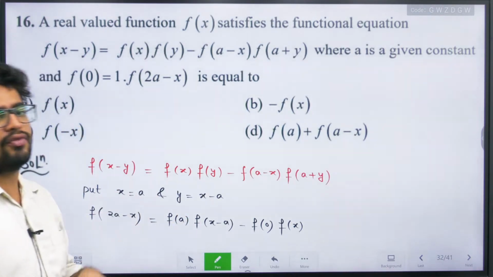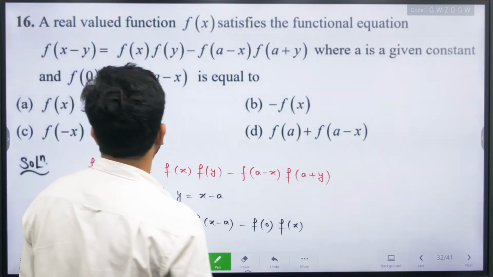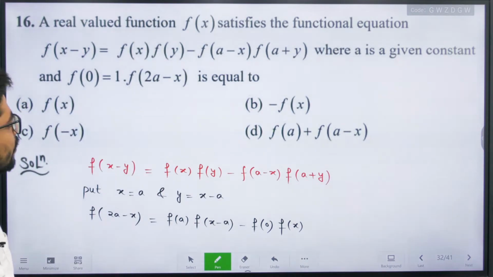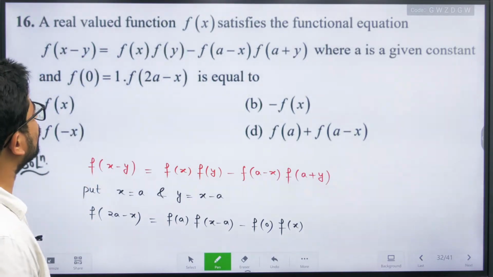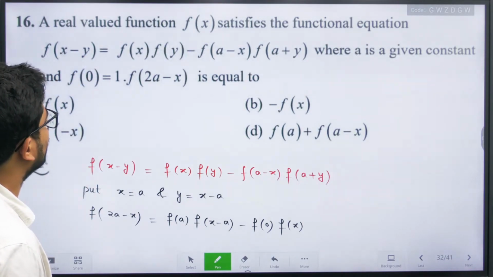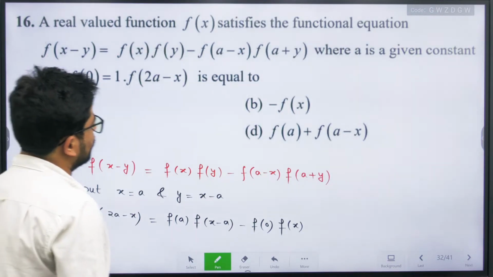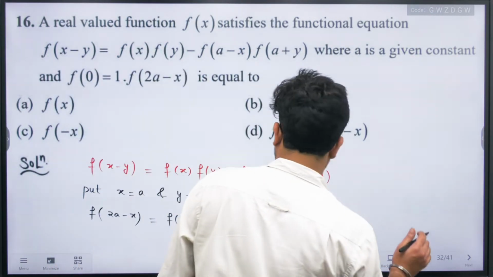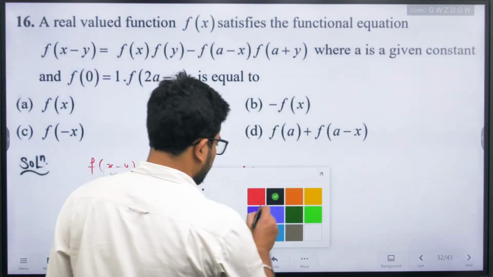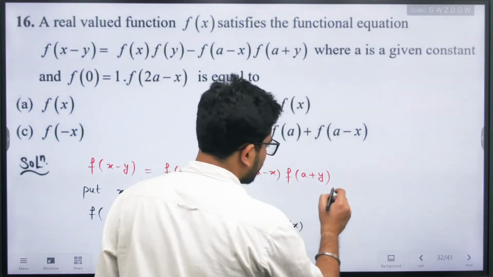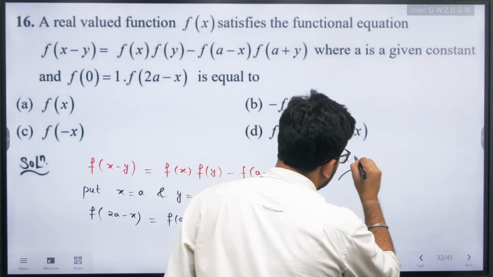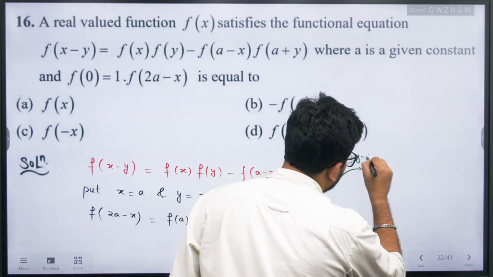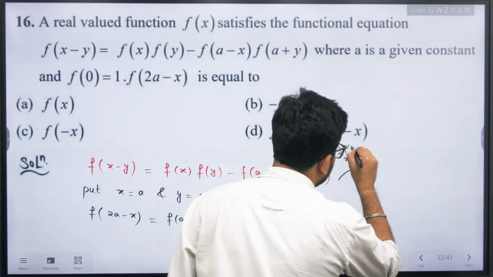Now just calculate f of a first of all. So how can you find f of a? We can find f of a like this. Put x is equal to y is equal to 0.